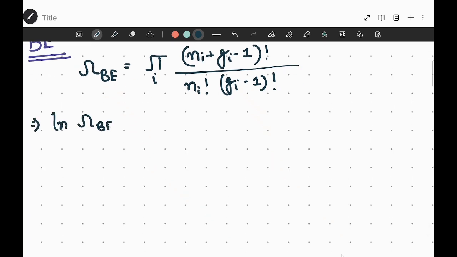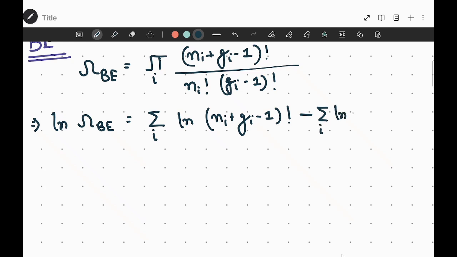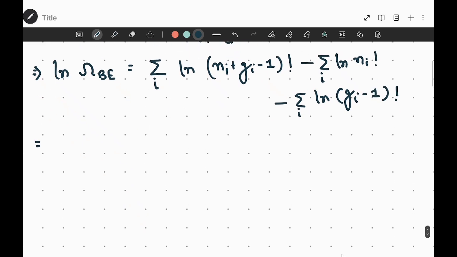Logarithm. So eventually it will convert to a summation: sum over i of ln (ni plus gi minus 1) factorial, minus sum over i of ln ni factorial, minus sum over i of ln (gi minus 1) factorial. So now we'll apply the Stirling approximation. Everything has a sum, so we can take that sum common.